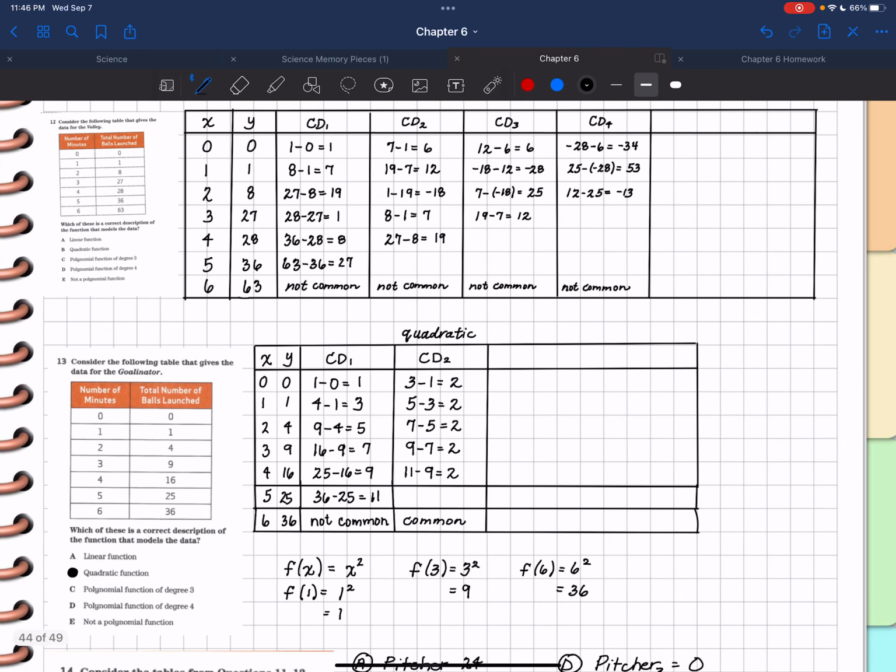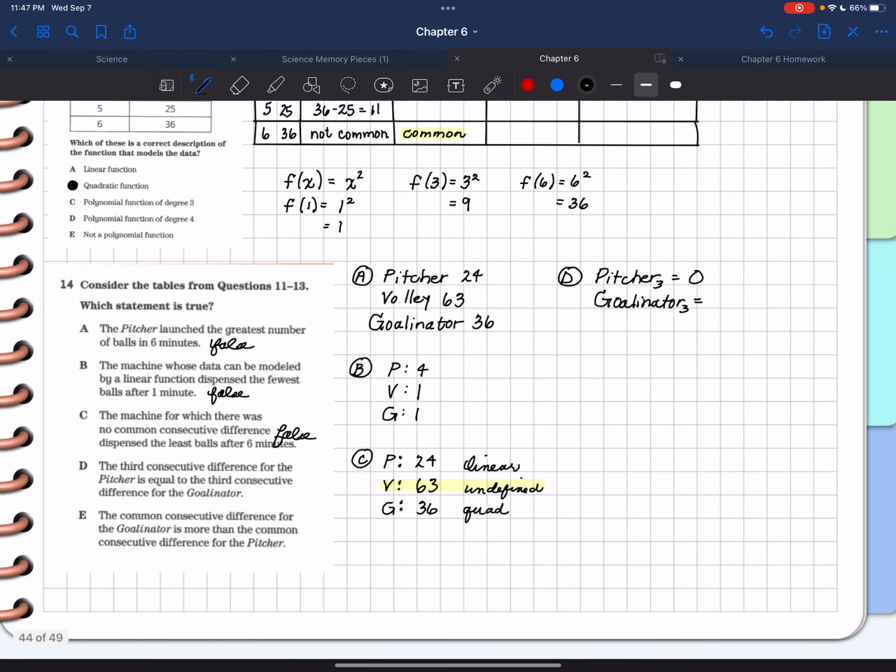We only went to the second degree, but once you reach commonality, once you've got a common consecutive difference, everything after that will be 0. So the consecutive difference at the third level is 0. So yes, this statement's true. Both of them are 0.